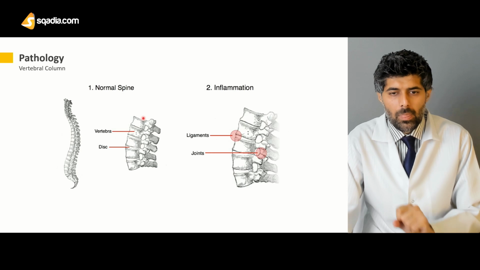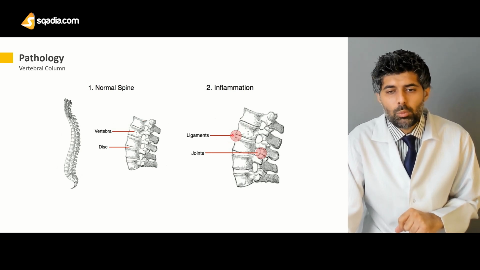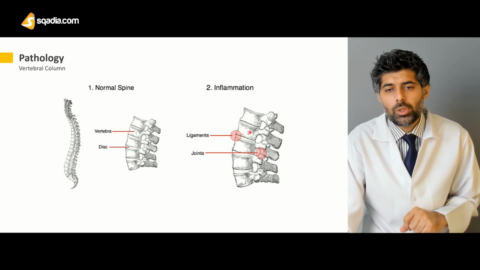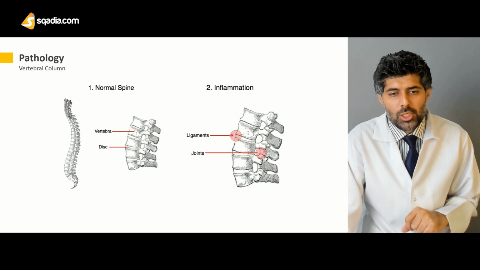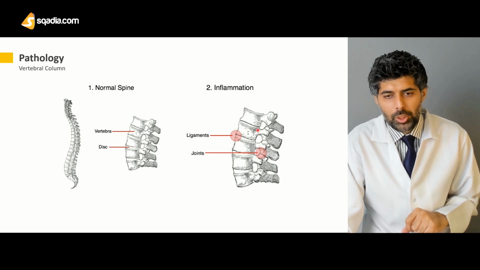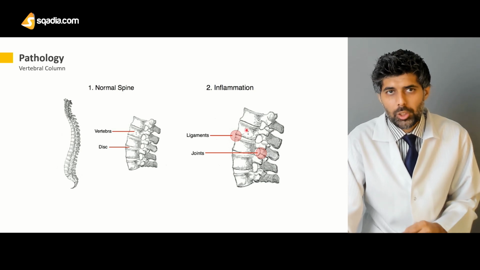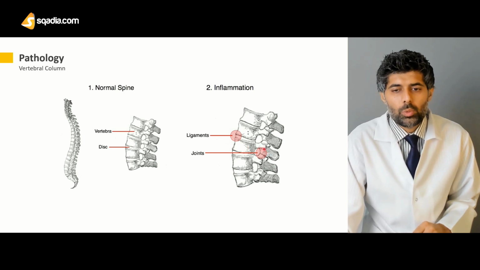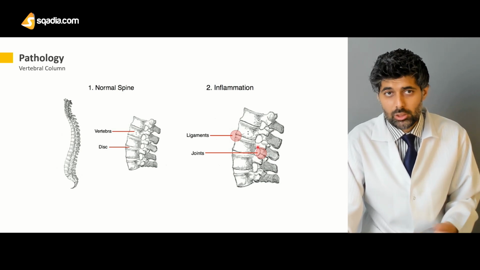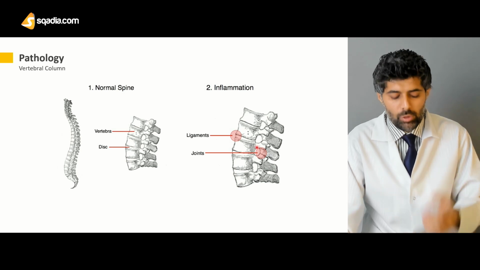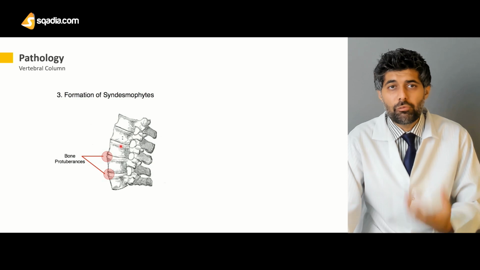So, what happens is that there is inflammation of the vertebral disc which is found between the bodies of the vertebrae. Now, this inflammation of both the vertebral disc and the ligaments that hold the vertebral body, along with the inflammation of these apophyseal joints or facet joints, will result in the formation of a syndesmophyte.